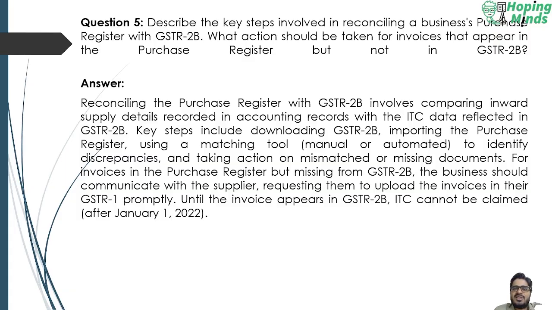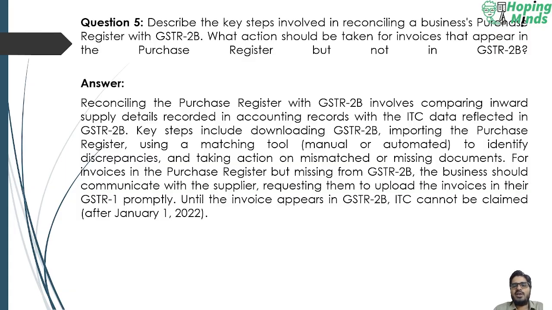Next, if some invoices are identified which are appearing in GSTR 2B but not in our accounting records, then first the taxpayer must trace out if those invoices pertain to our business or not. If they pertain to our business, then the accounting entries should be taken.